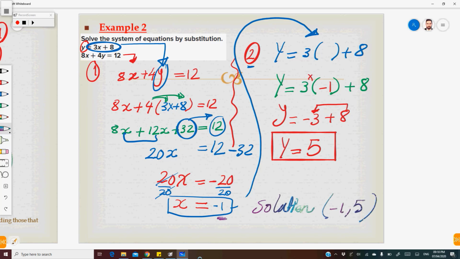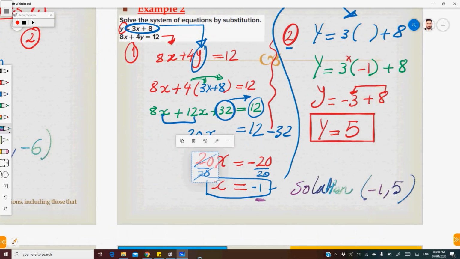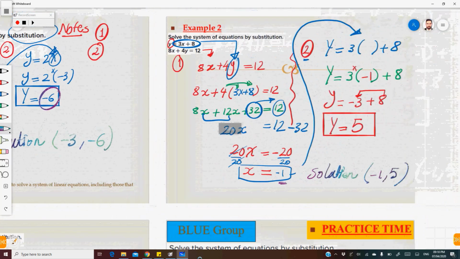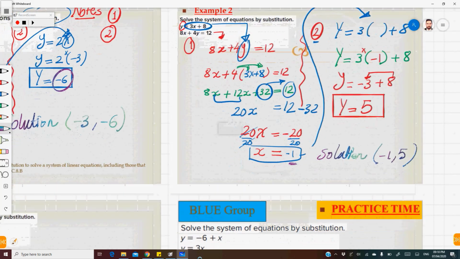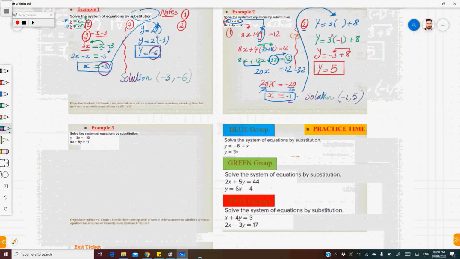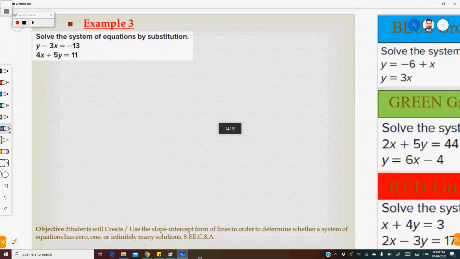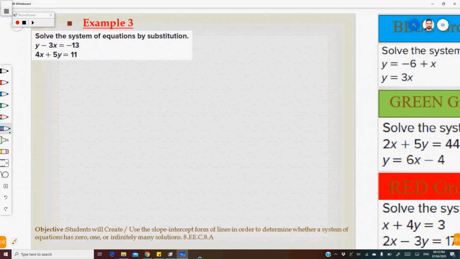Thank you guys for understanding from me example number 2. I will ask all of you to just pause the video, pause it please, and just try to do example number 3 now. Don't forget to pause the video and just try to do example number 3 now.